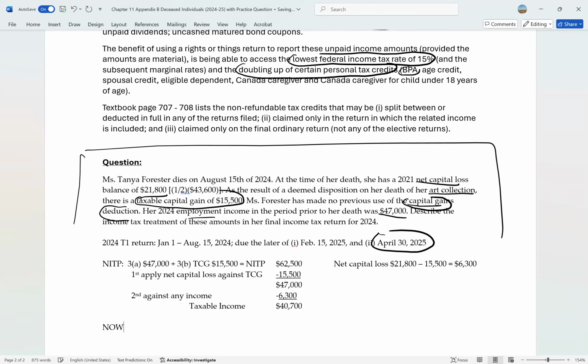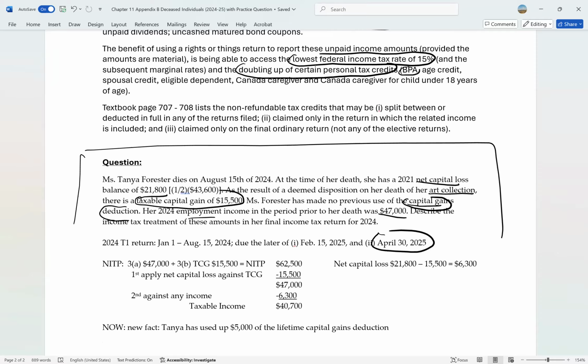Let's say now we'll add this new fact. Tanya has used up, let's say, 5,000 of the lifetime capital gains deduction. Now, this lifetime capital gains deduction we'll explore in chapter 11, but it works the same way.